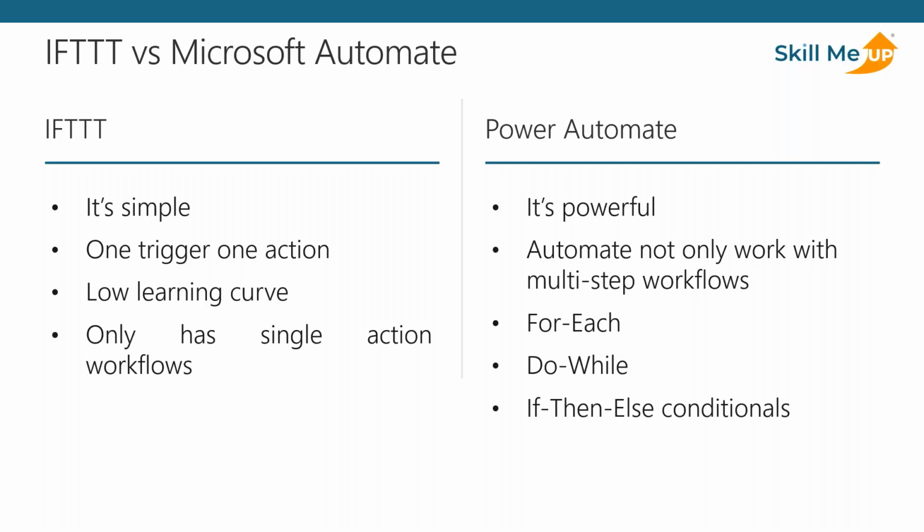This adds more power, and maybe it is not easy to learn, but the direct integration you have with your email, your OneDrive, your SharePoint, your Power Apps, your Power BI and other Microsoft products means you are using what you use every day.